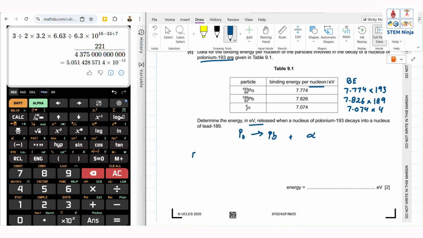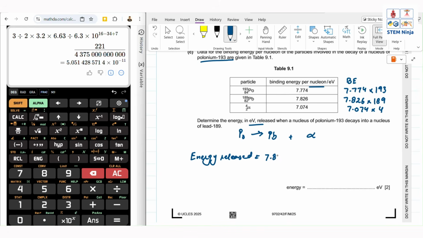Now, the binding energy released in total, or just simply energy released, would be binding energy of products minus the parent.